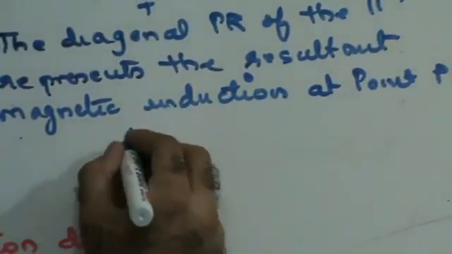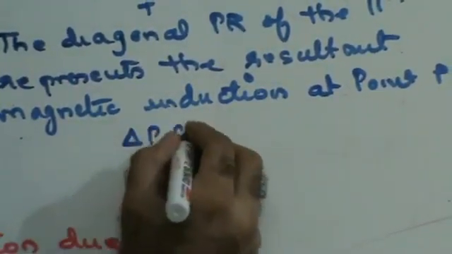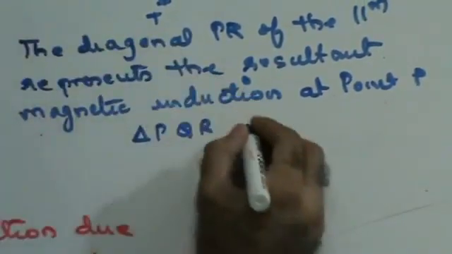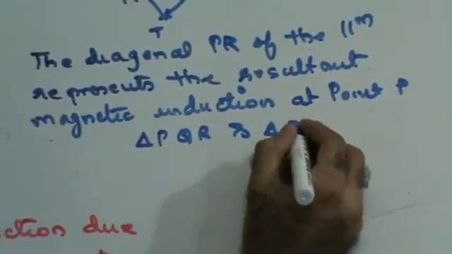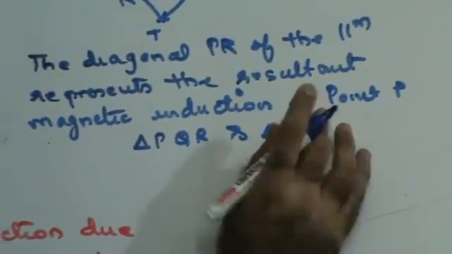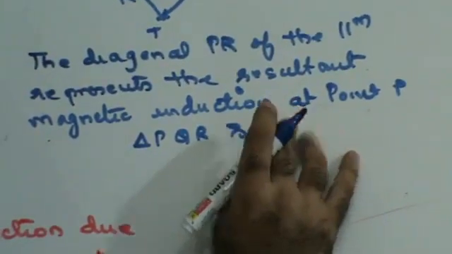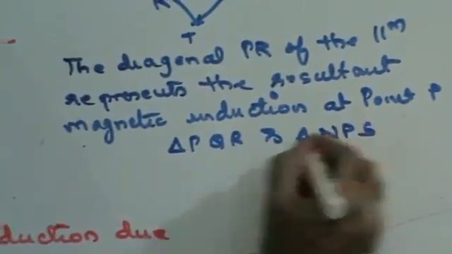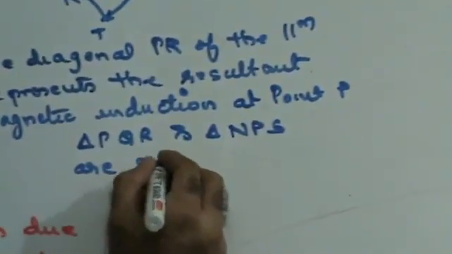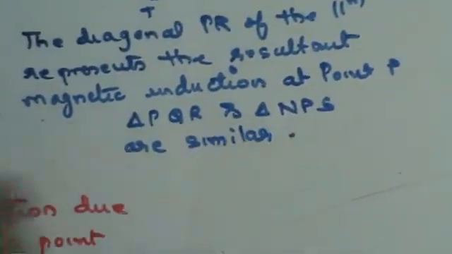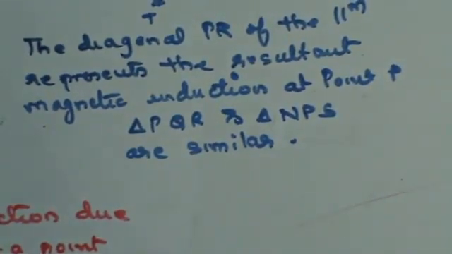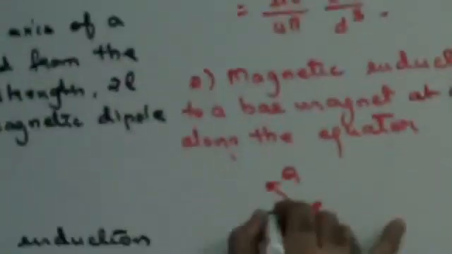Now if you look at this figure, triangle PQR and triangle NPS are similar. Guys, can we just see this figure?